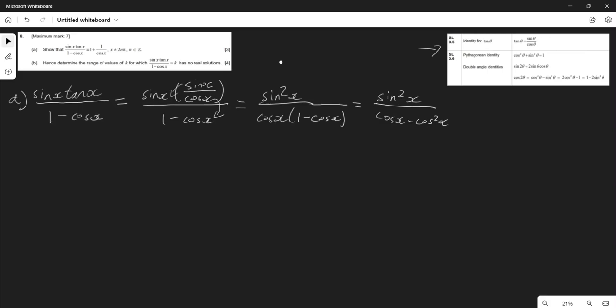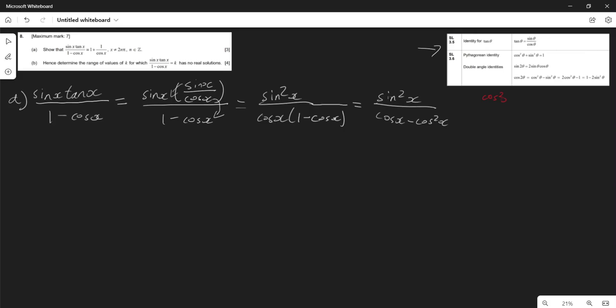And so what you might think to do is, since you see sine squared here, your instinct might be to use the Pythagorean identity over here. Cosine squared plus sine squared equals 1. And that instinct would be absolutely correct. So let's just write this down here in red.